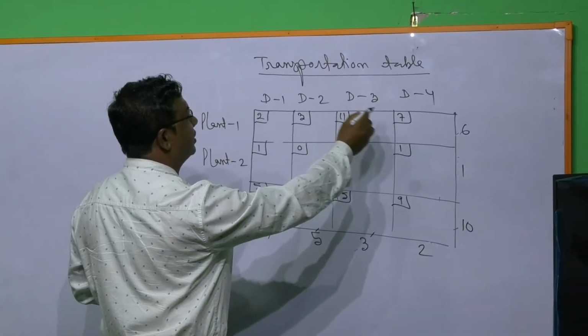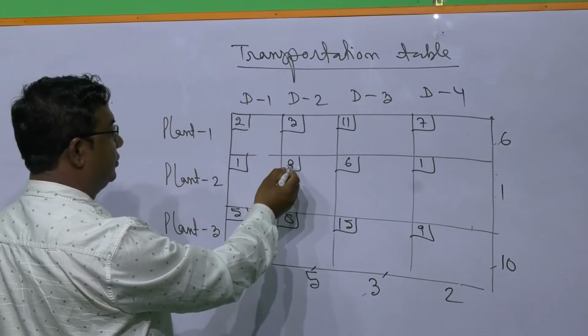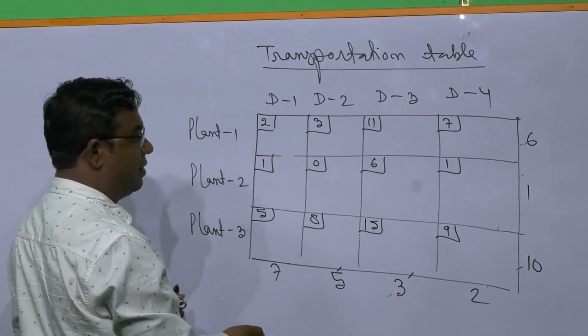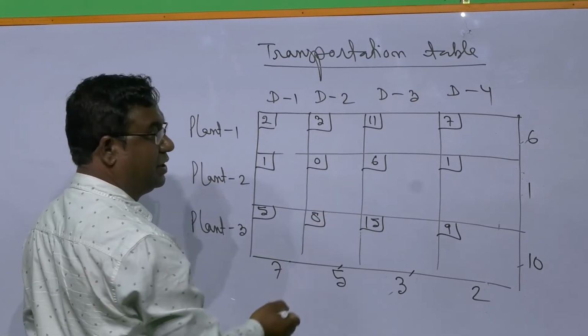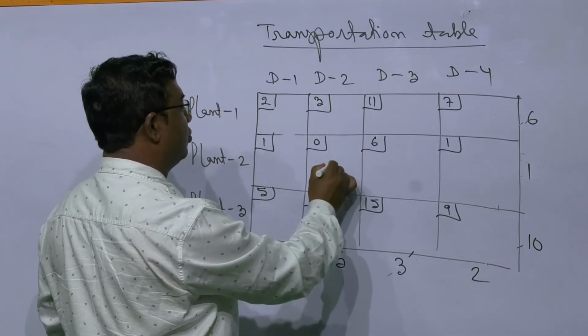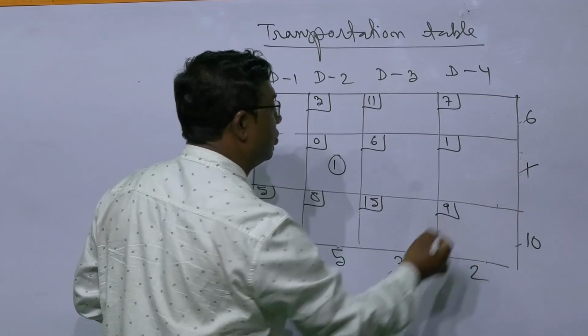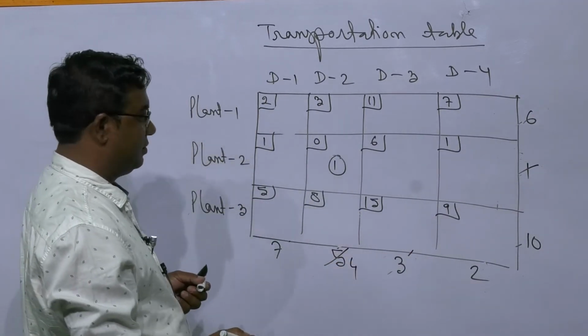You select the minimum one. So the minimum is here, 0 is the minimum. So first you start allocation here. Here is 1, here is 5. So you take 1 here, you remove this, and the remaining is 4.